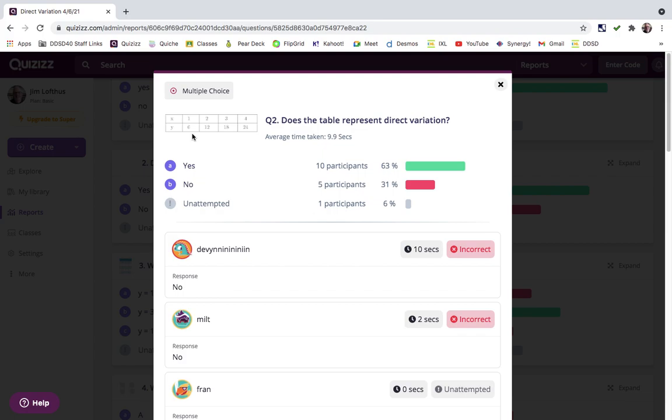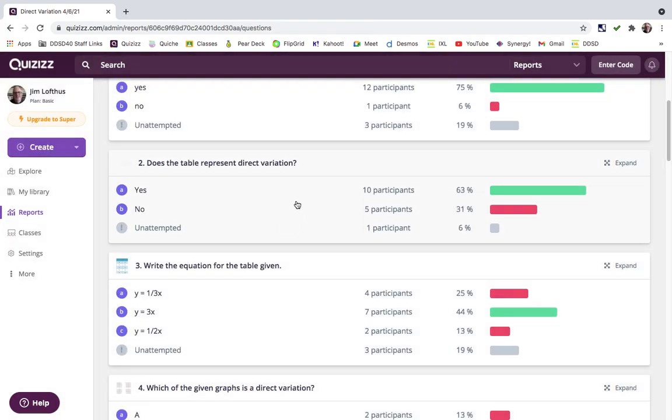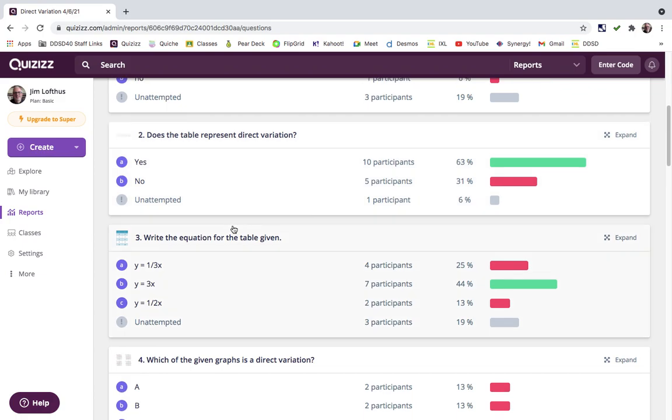So the multiplier is 6, and I'm going to guess as to why 5 people said no, maybe because they didn't see the 0, 0. 0, 0 could have been on this, because 6 times 0 is equal to 0. So the answer was yes, it shows direct variation, even though 0, 0 was not on that particular table.